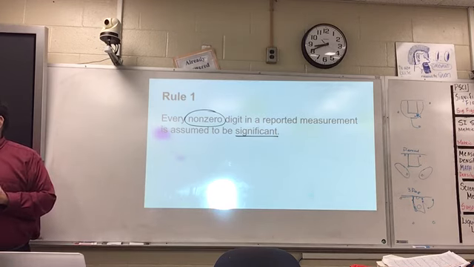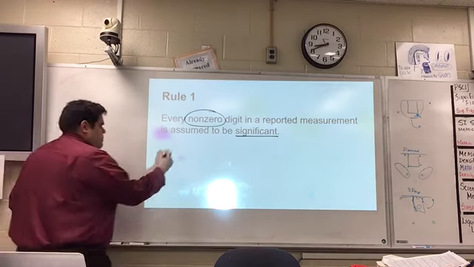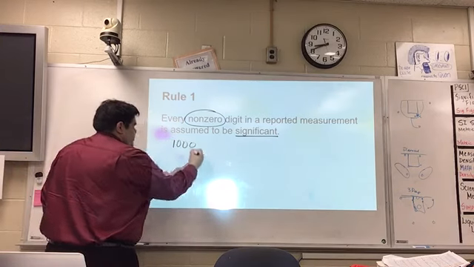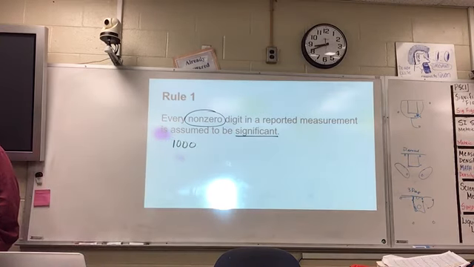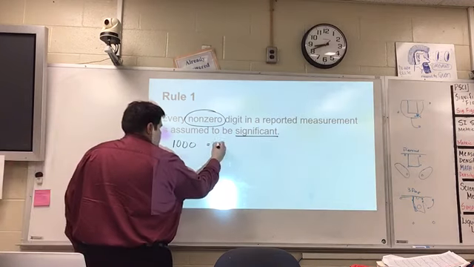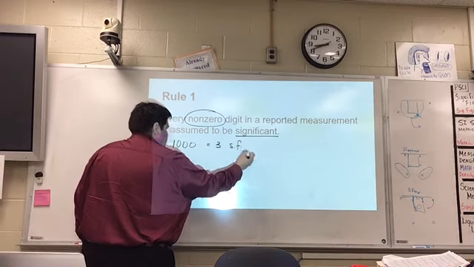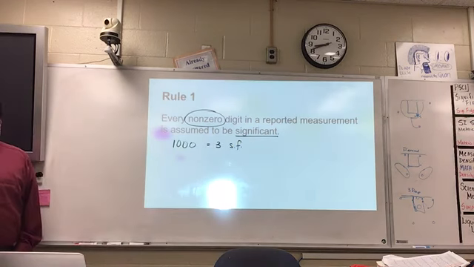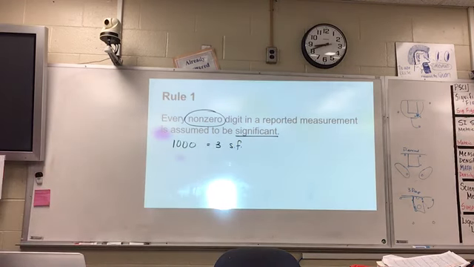If the number ain't 0, it counts. So when we did 1,000, how many non-zero digits are there? 1. And it's the first one. So that's why this number right here has 3 significant figures, because rule 1 says if you're not a 0, then you're significant.